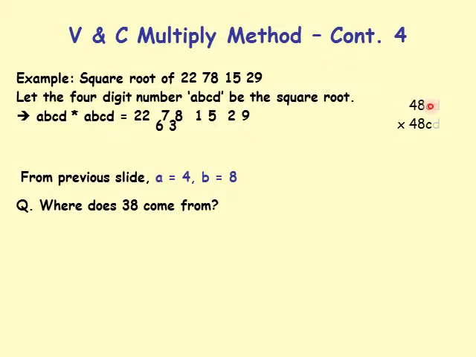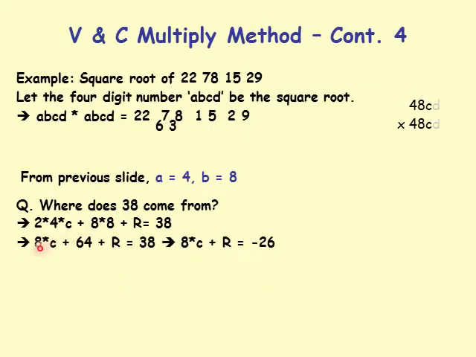It comes from 4c plus 4c, 8c, plus 8 times 8, 64. That means 8c plus 64 plus remainder is 38. Then 8c plus r is minus 26. That means c is equal to minus 4 and r is equal to 6.